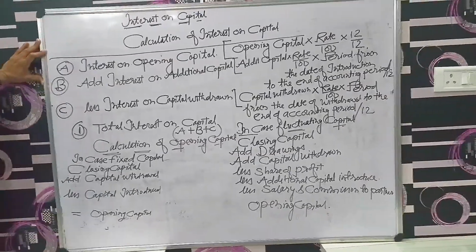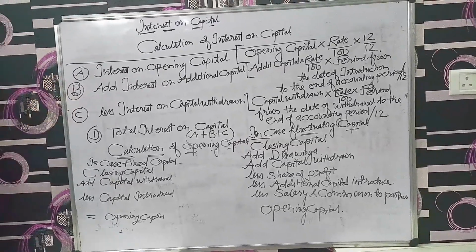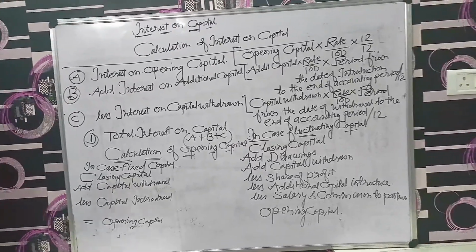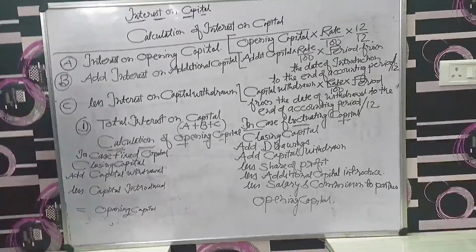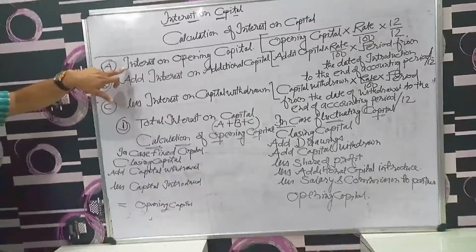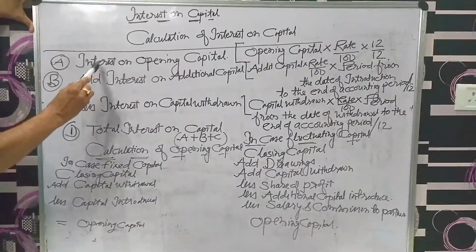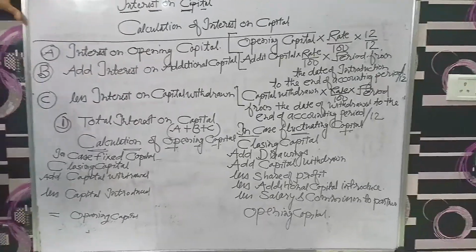If we have knowledge of this format, there is no need to know the product method or the simple method. Here, the first point in that particular statement is interest on opening capital.